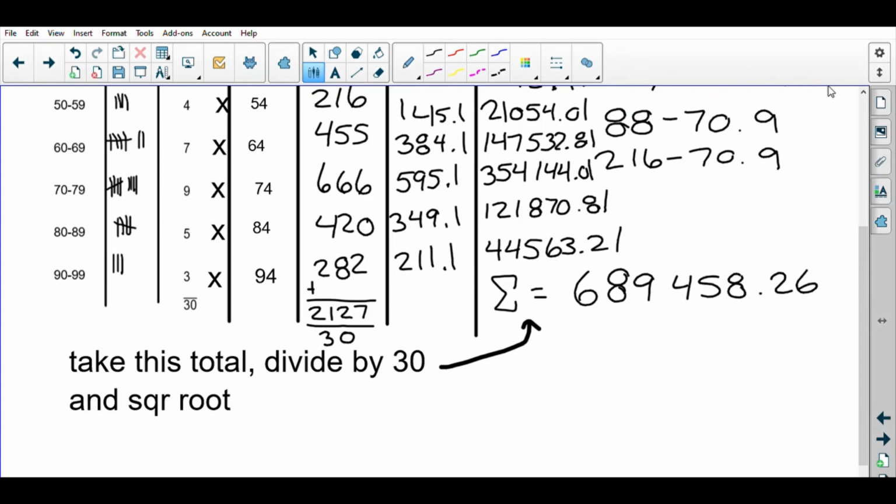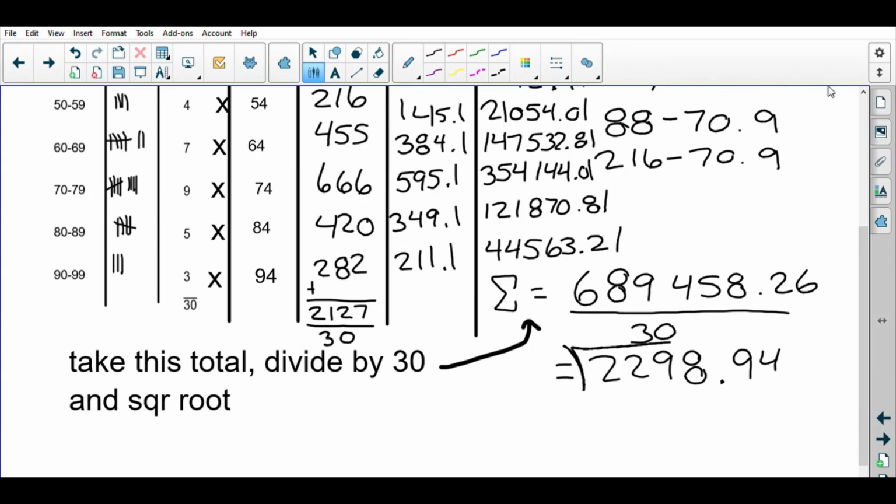I can't forget to divide by 30, which gives me 2,298.94. Lastly, square root your answer, and you get 151 decimal. We need to round up, so we get 151.6.